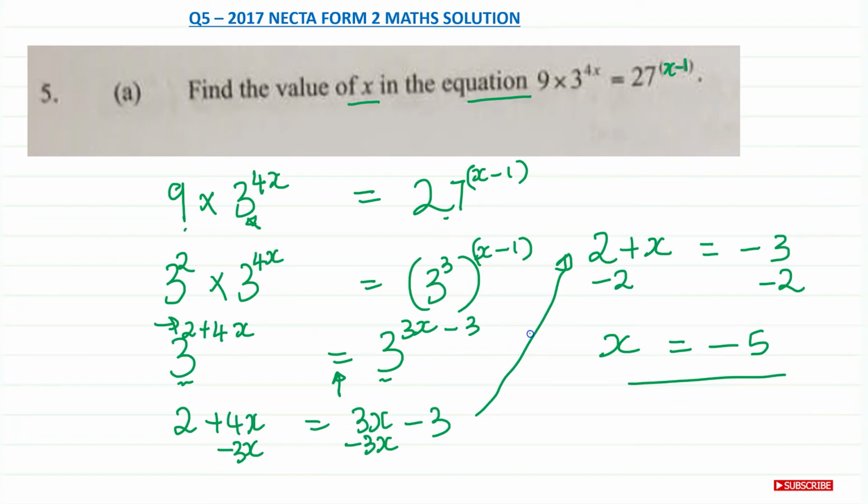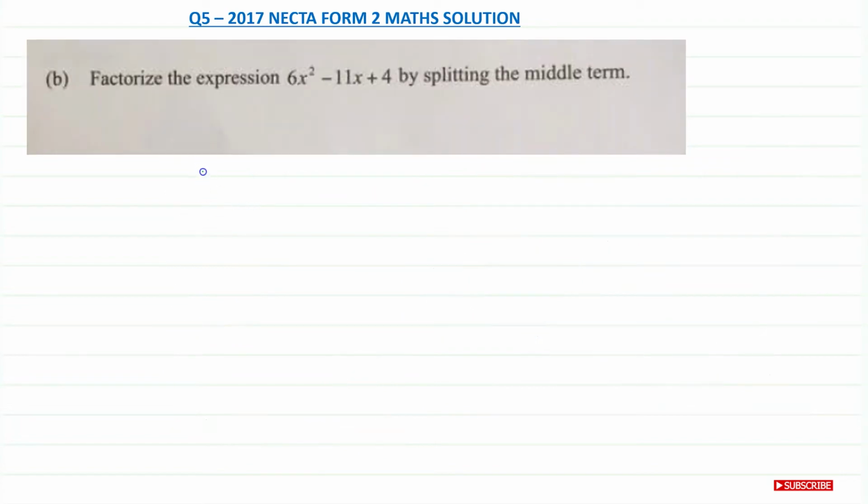That is done. And now for 5b, we are asked to factorize the expression here. 6x squared, so I'm going to write it here, 6x squared minus 11x plus 4 by splitting the middle term. Okay, so the middle term is this term here.